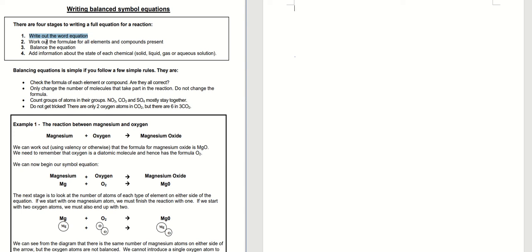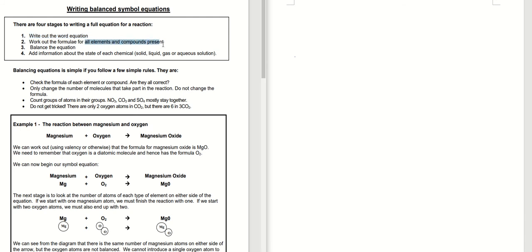Number 2, work out the formulae for all the elements and compounds. For step 2, you'll need a periodic table. Step 3, you write the balanced equation, and then step 4, you add any states that are required, so solid, liquid, gas, or aqueous solution.